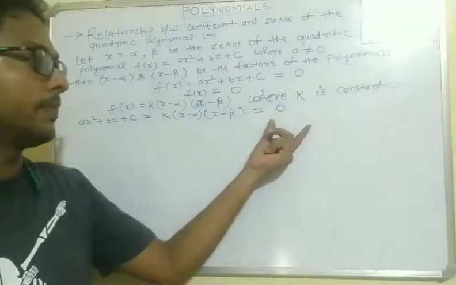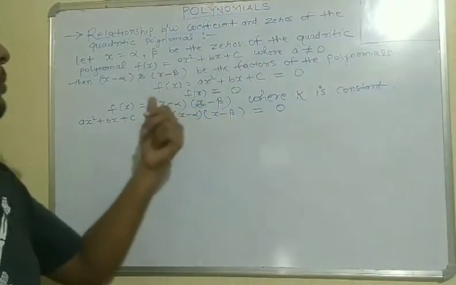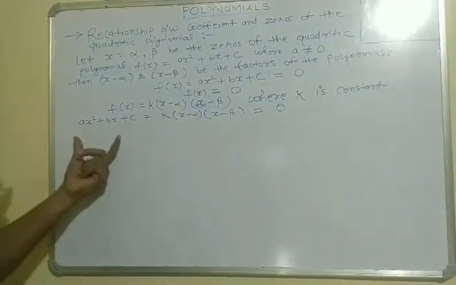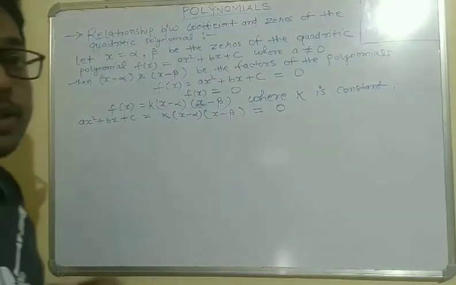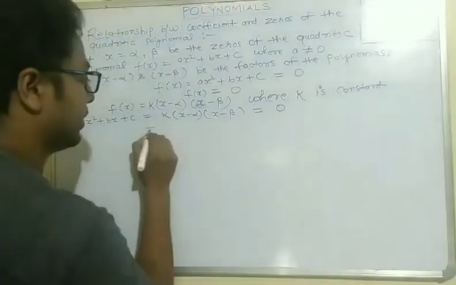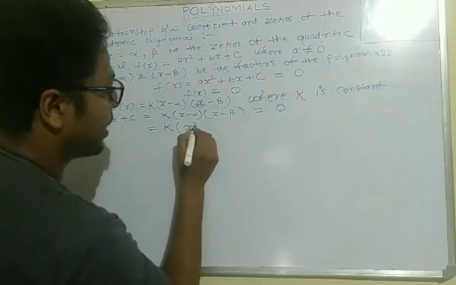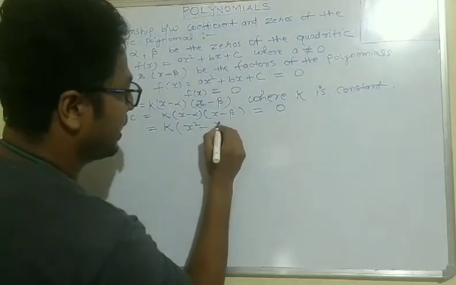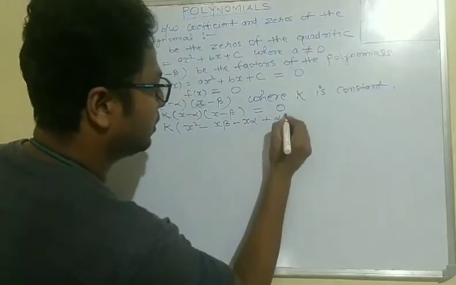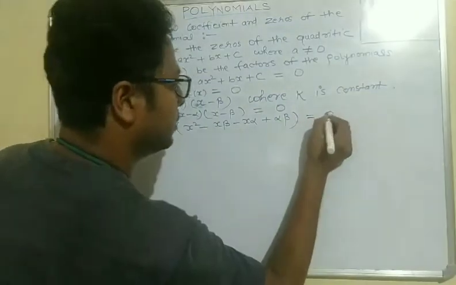All the equations will be equal because alpha and beta are the zeros of the polynomial, and they will be the factors, so it can also be written in these terms. And if we expand this, what will be the result that I will get? I am expanding these factors: k times x square minus x beta minus x alpha plus alpha dot beta, equal to 0.